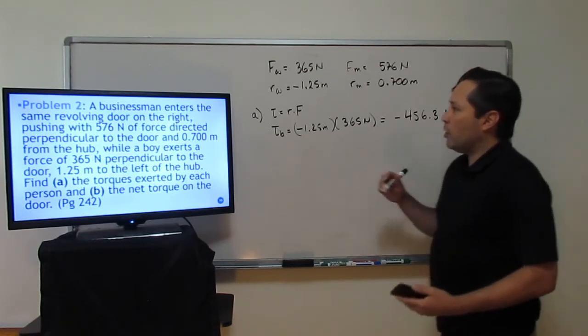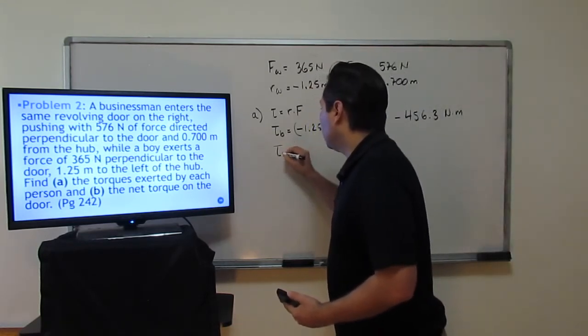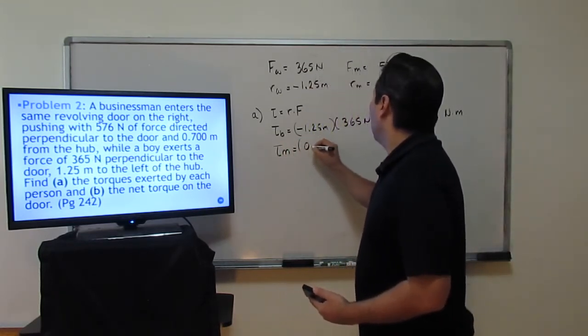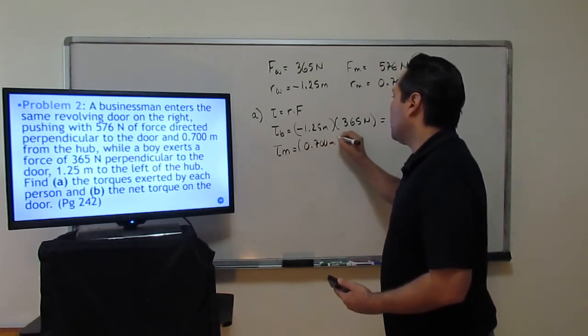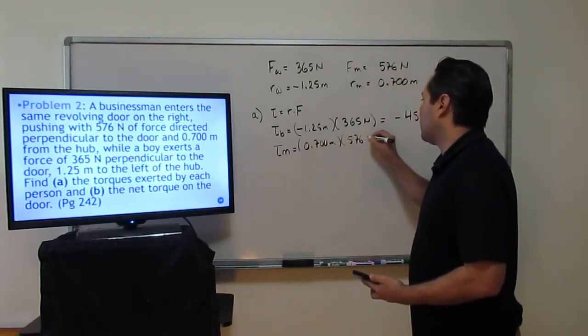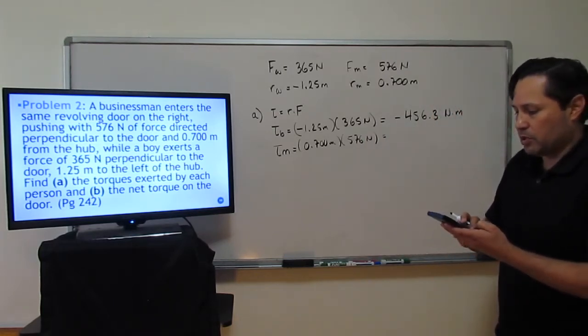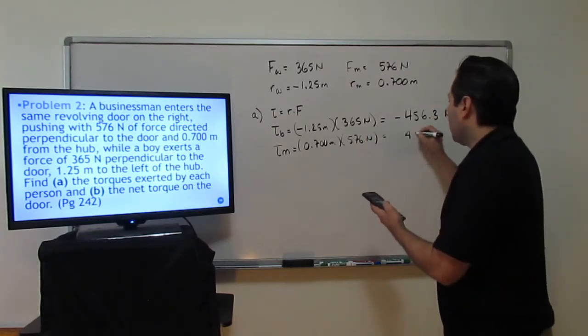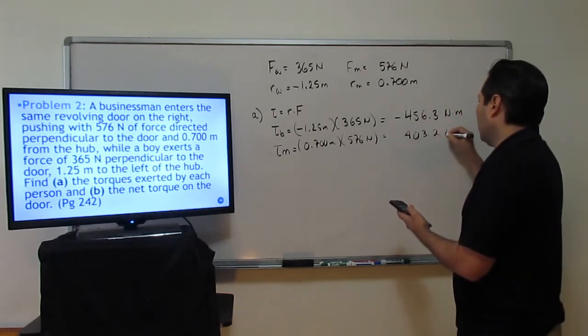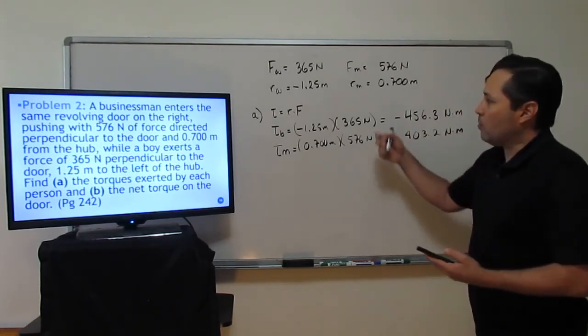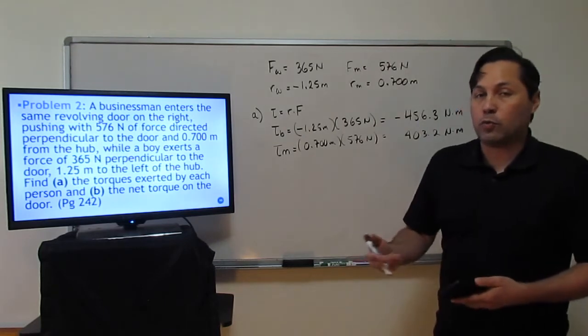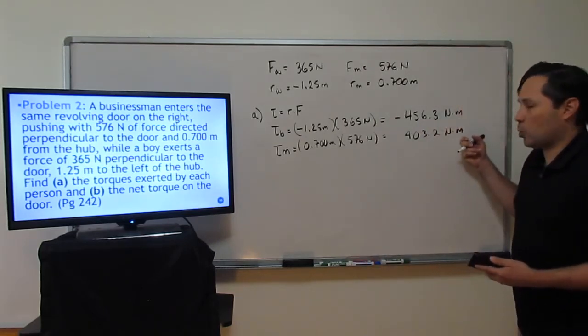For the man, the torque on the man is going to be 0.700 meters multiplied times 576 newtons. So 576 times 0.7 gives us 403.2 newtons. So in part A it says solve for the torque of each one. Here's the torque of the boy, here's the torque of the man.